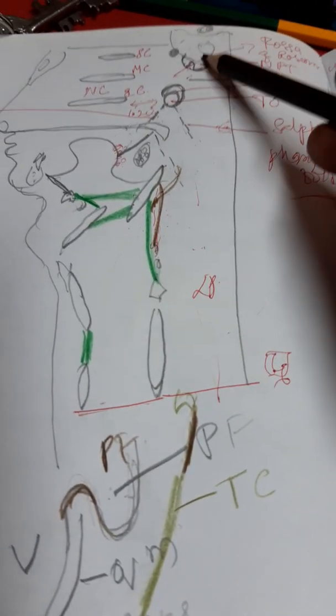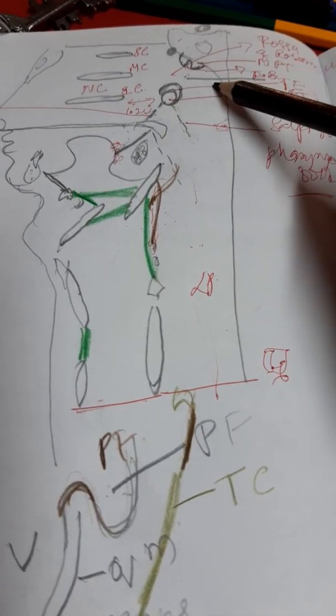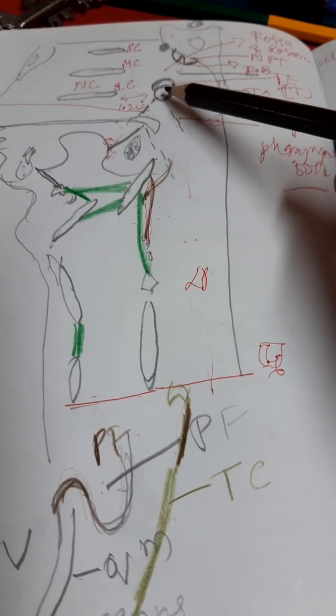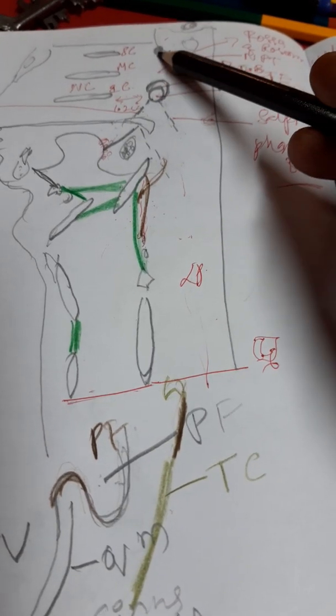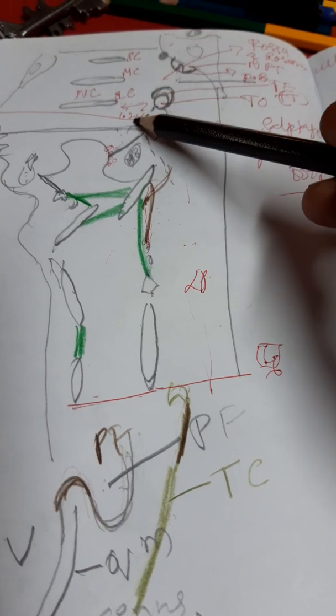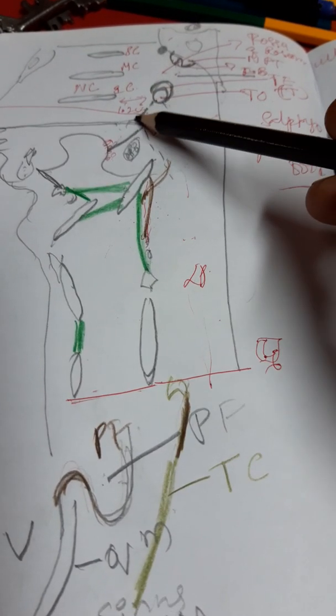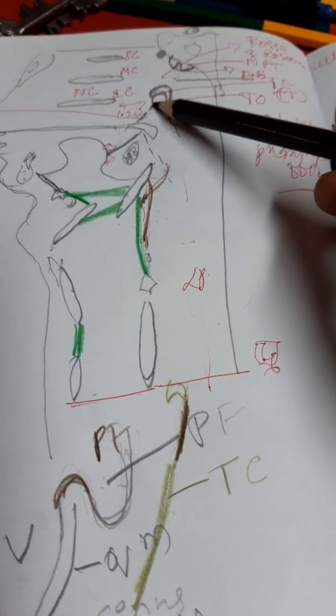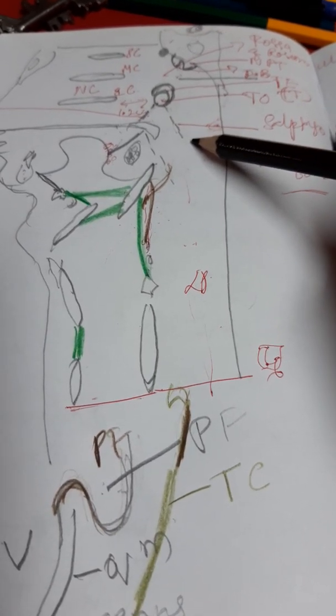Now, each part of the pharynx has a special feature. When we came to the nasopharynx, we saw the nasopharyngeal tonsil, tubal tonsil, tubal opening, sometimes the pharyngeal hypophysis, and the salpingopalatine fold, which carries the levator veli palatini muscle, and the salpingopharyngeal fold, which carries the salpingopharyngeus muscle.